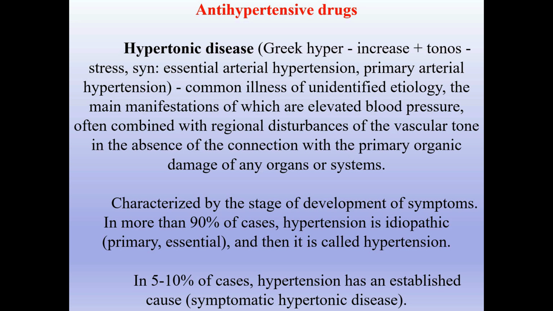In more than 90% of cases, hypertension is idiopathic, primary, essential, and then it is called hypertension. In 5–10% of cases, hypertension has an established cause, symptomatic hypertonic disease.